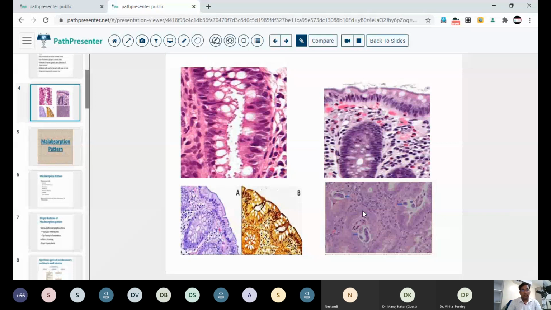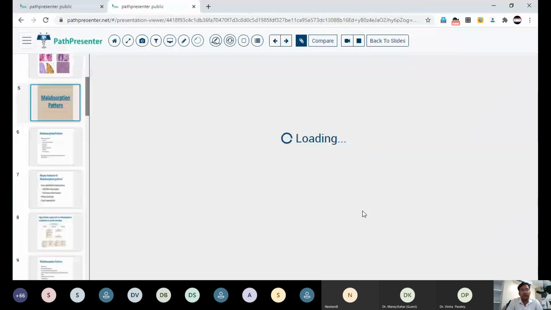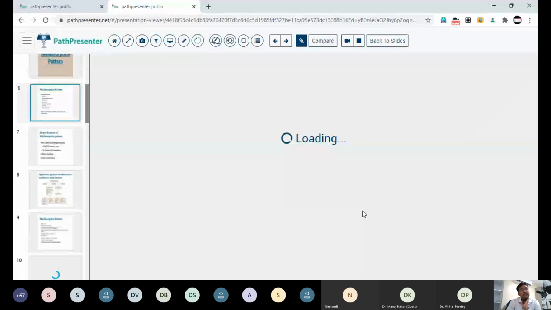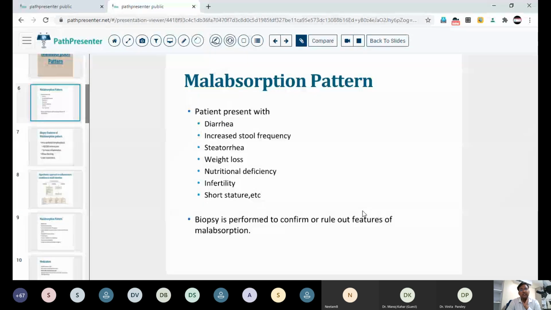When we deal with duodenal biopsies, most of them are done in view of malabsorption. So what is malabsorption? When a clinician suspects malabsorption, patients present with symptoms like diarrhea, increased stool frequency, fat loss through the stool, that is steatorrhea, weight loss, and nutritional deficiencies as absorption is not taking place normally, and long-standing effects like infertility or short stature because of continued nutritional deficiency.